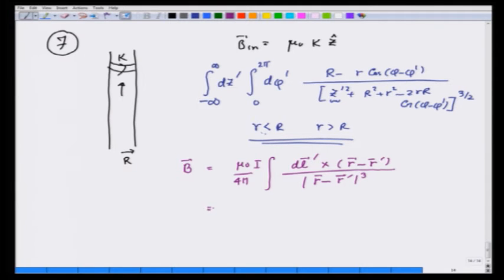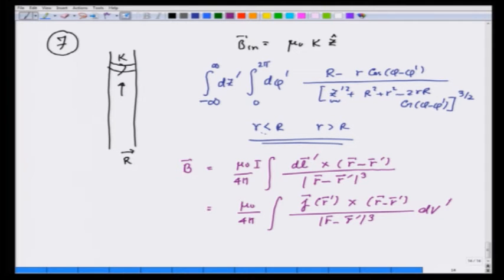This is also equal to mu 0 over 4 pi integral j of r prime cross r minus r prime over modulus r minus r prime cubed d volume prime.